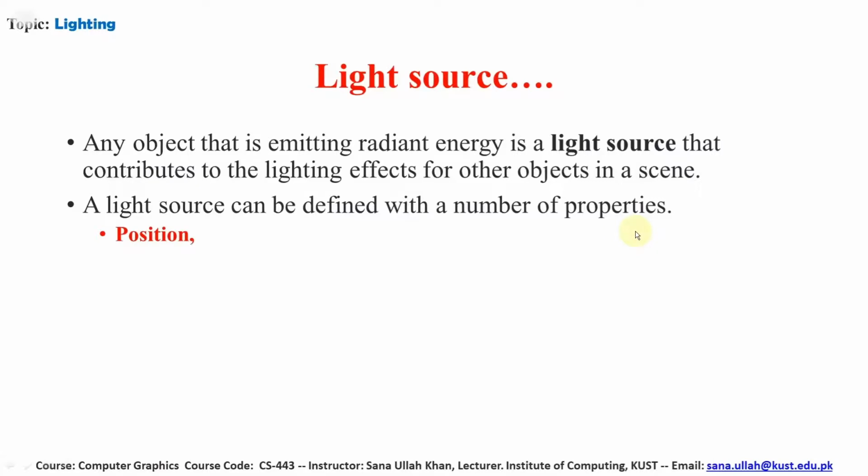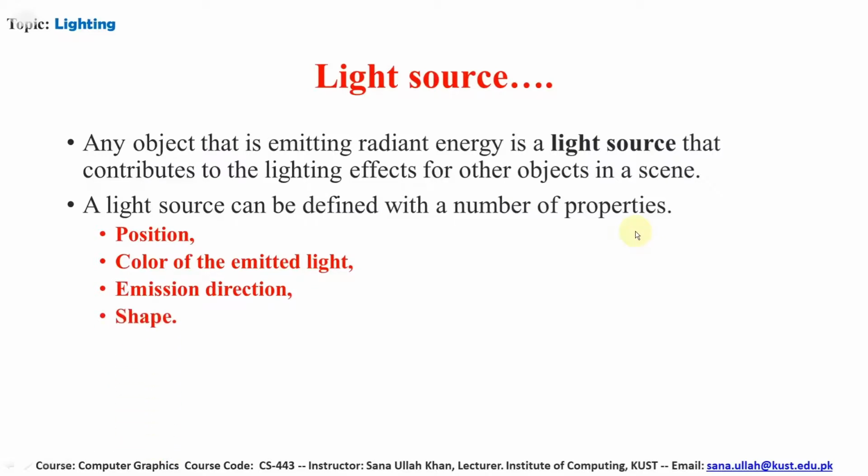Where is it available? Then the color of the emitted light. A light source has a high intensity, and some color is also involved. It may be red emitted light, or green, or blue, or a combination. If it is white, it means all colors are available in high intensity. Then the emission direction, from which direction it is emitted to the objects.